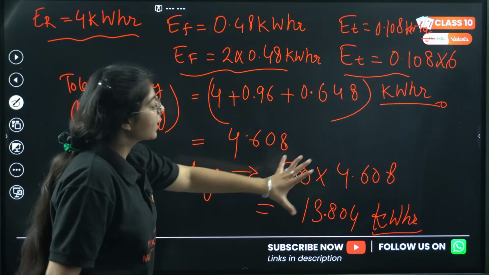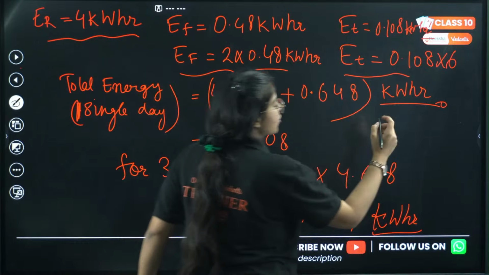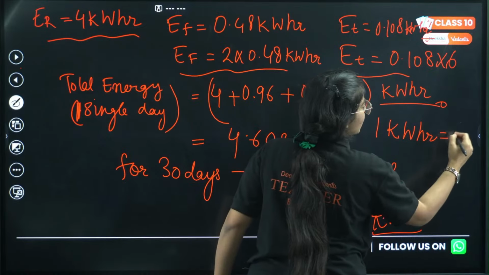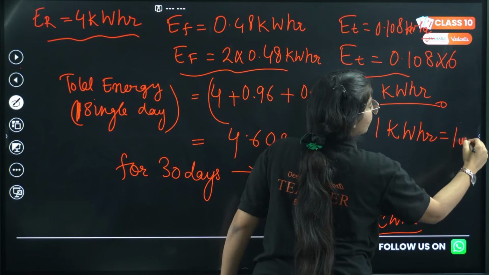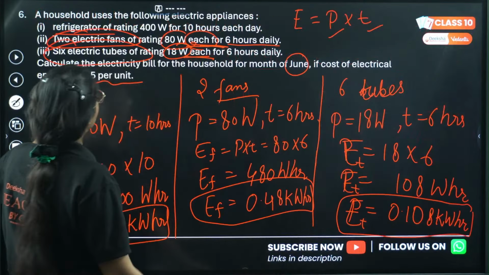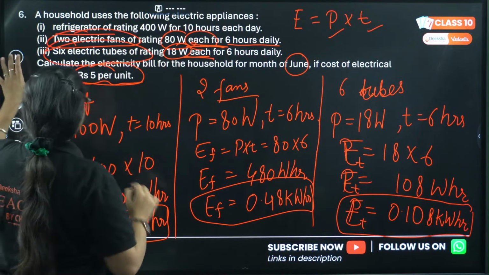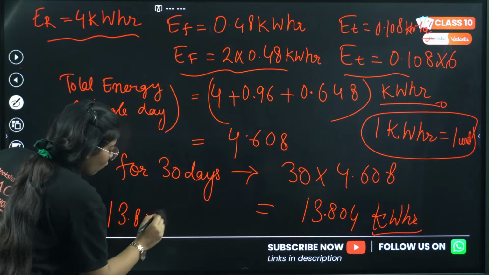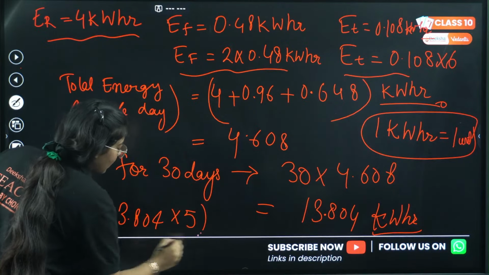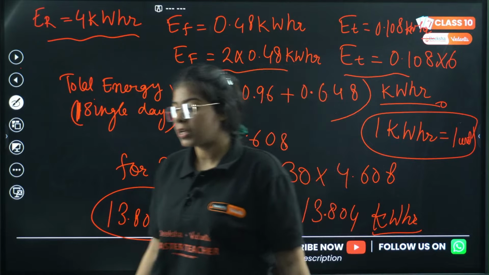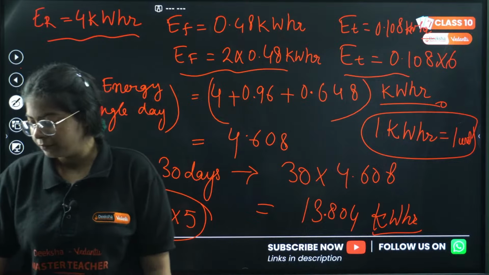Now, the conventional unit we have is that 1 kilowatt hour is equal to 1 unit. Correct? So for 1 unit, the price we are given is rupees 5. So the total energy multiplied by 5 will be the total cost of energy used in the month of June.